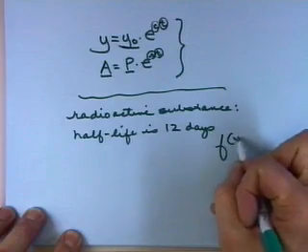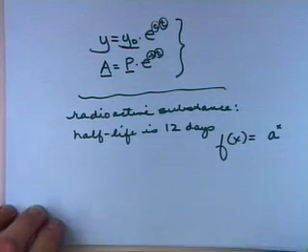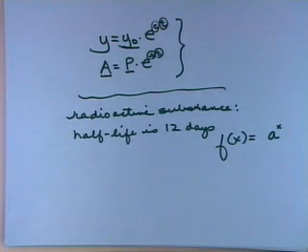Okay? So let's suppose we want to build our own function here. We want to come up with a function that we can put some x value into, do what it says to do with that, and come up with the amount of stuff that we have left.